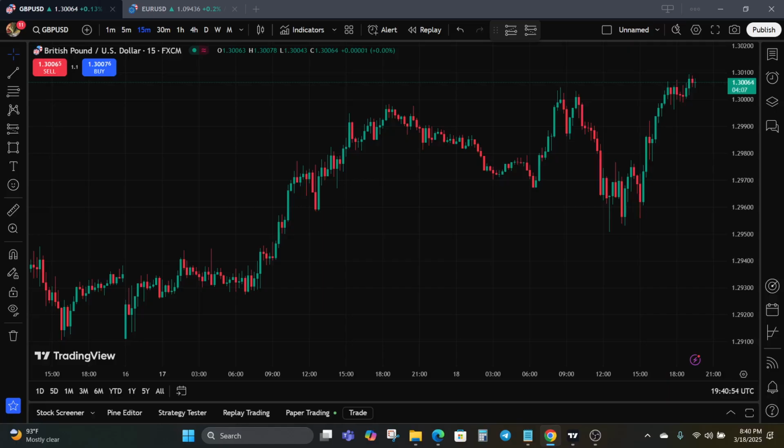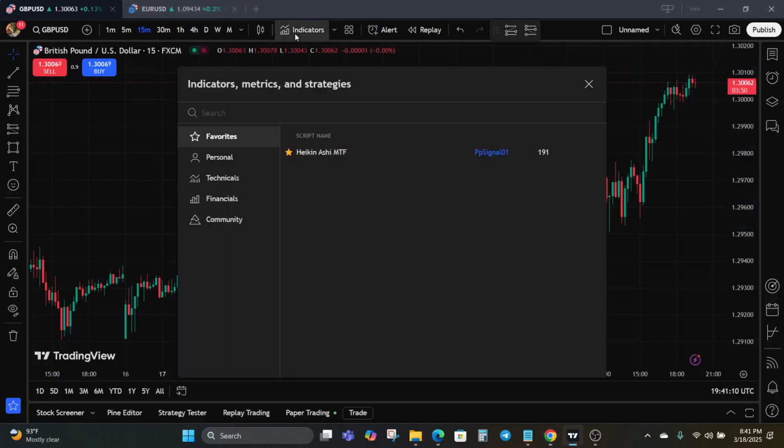In this video, we are going to be looking at an incredible tool for price action traders, and the tool we are going to be looking at is the Price Action Toolkit Indicator.